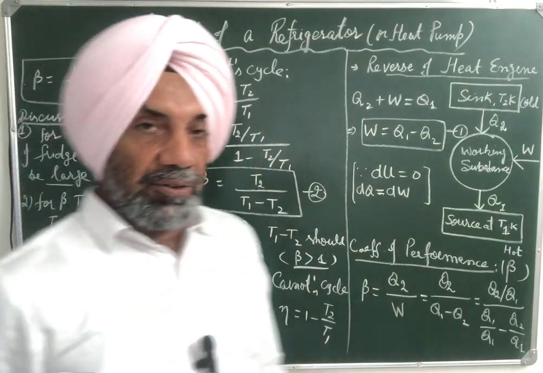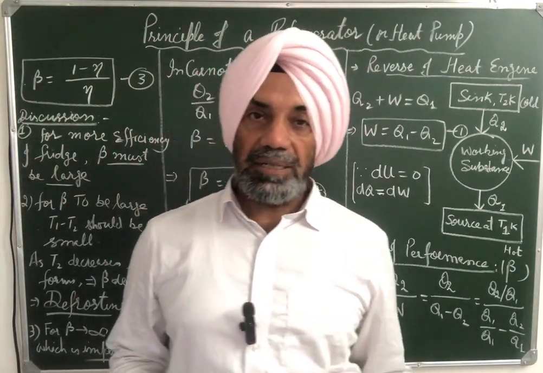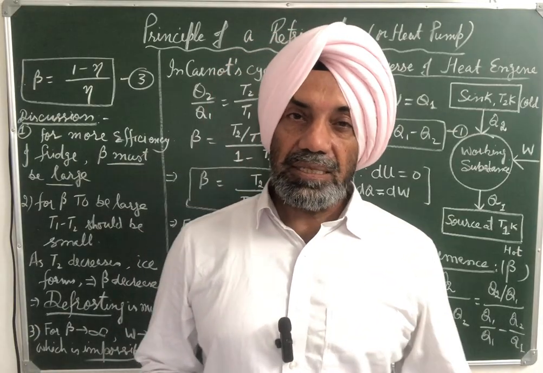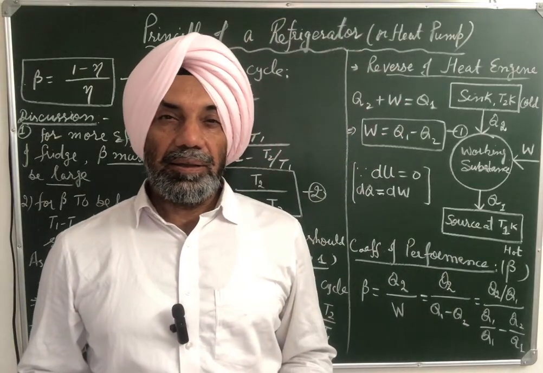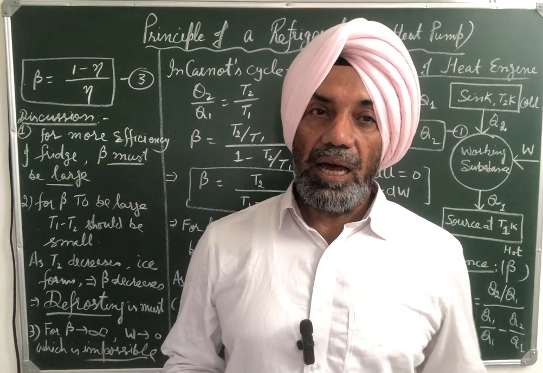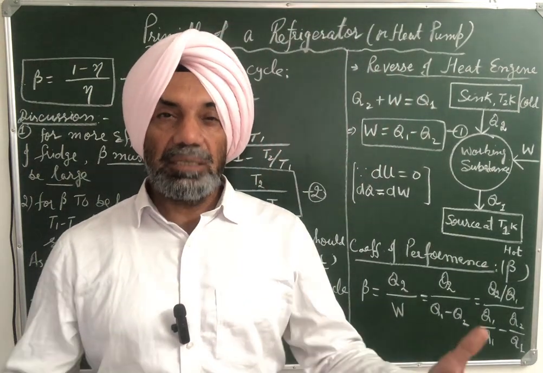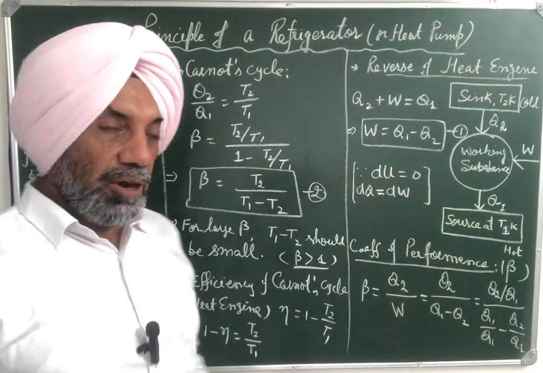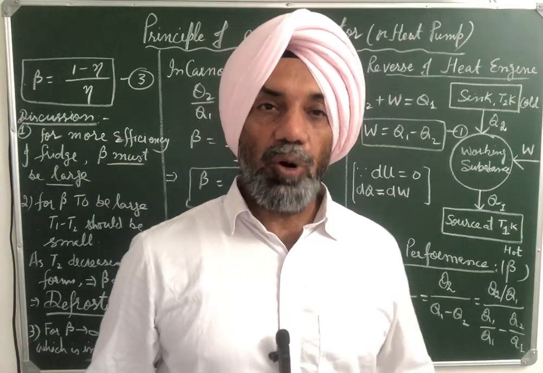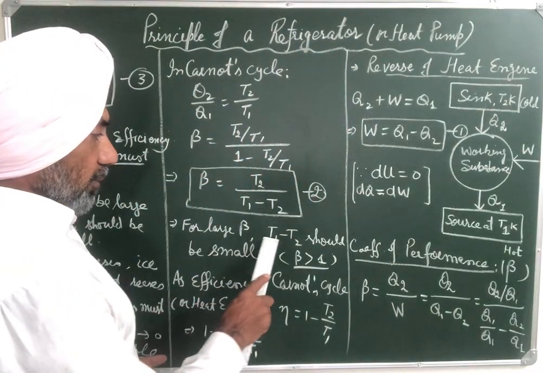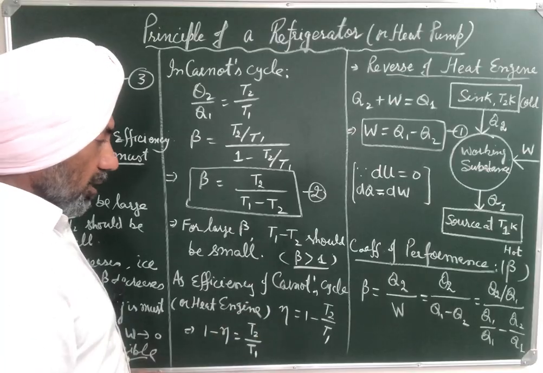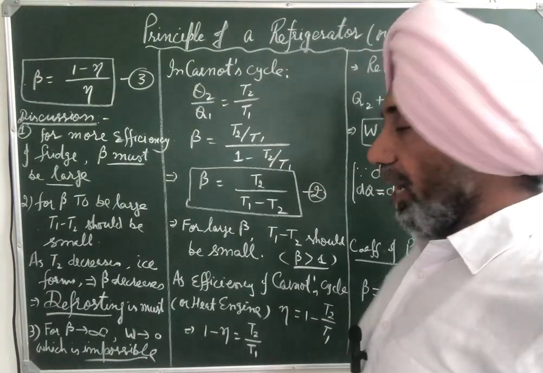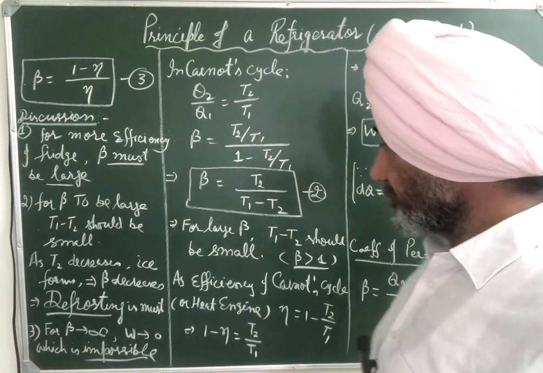That's why when we have to cool some object, some food or water, we should place it in the fridge after cooling it to a temperature just equal to the room temperature, so that its coefficient of performance is more and efficiency is more. So for large beta, T1 minus T2 should be as small as possible. Beta is always greater than 1, and beta should be greater than 1 for better performance.